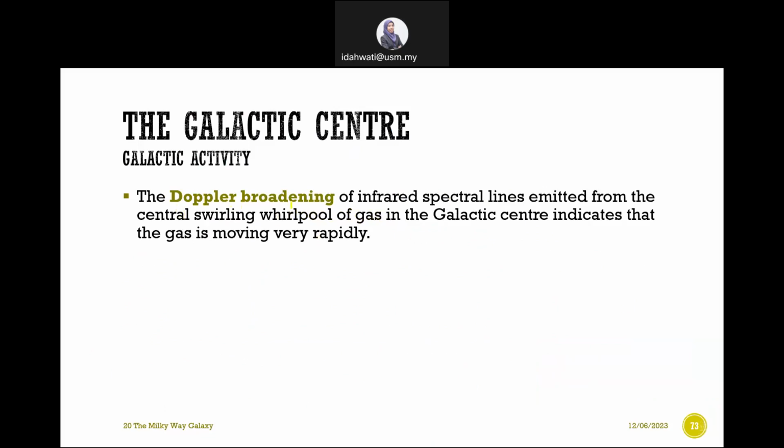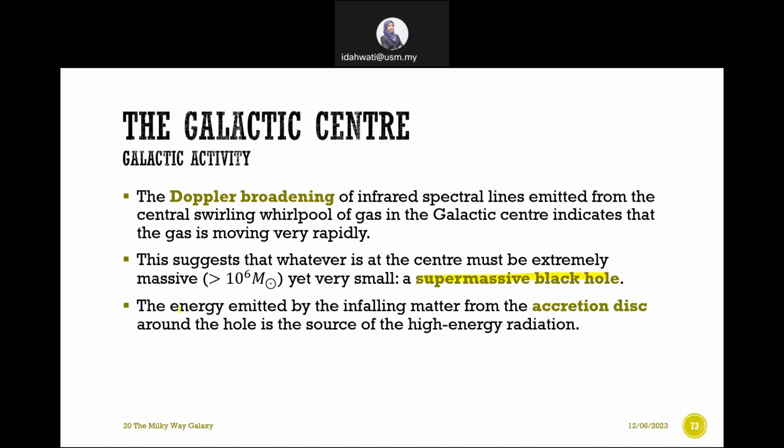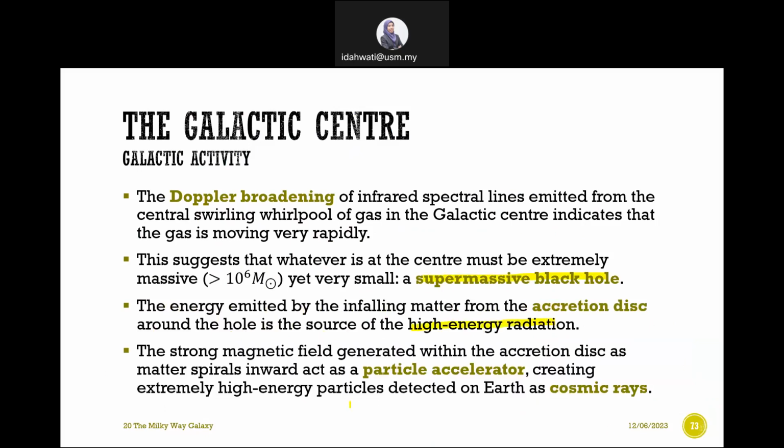We also have the Doppler broadening of infrared spectral lines emitted from the galactic center. This suggests that whatever is at the center must be extremely massive, the so-called supermassive black hole. The energy emitted by infalling matter from the accretion disk around the hole is the source of the high-energy radiation.